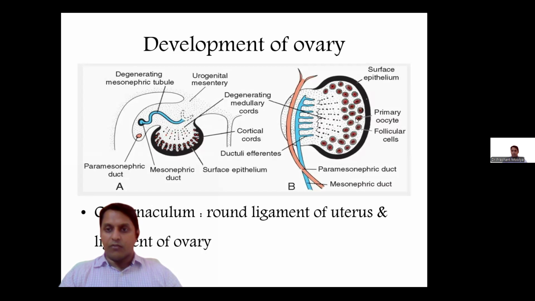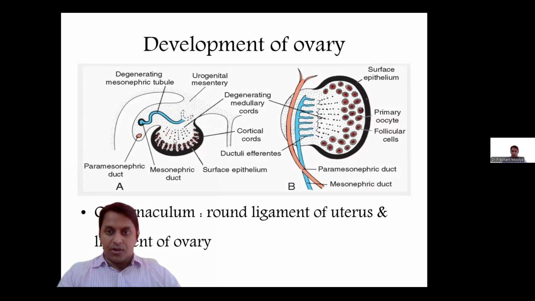These are the primordial follicles with the oogonia, the primary oocyte, enclosed inside.